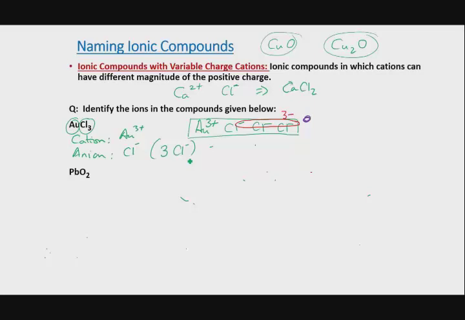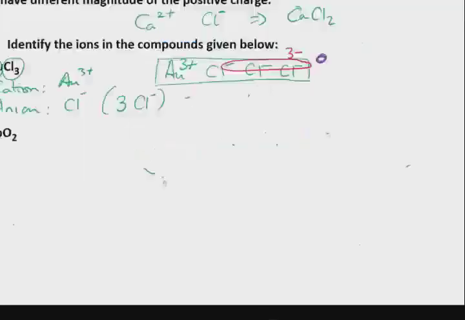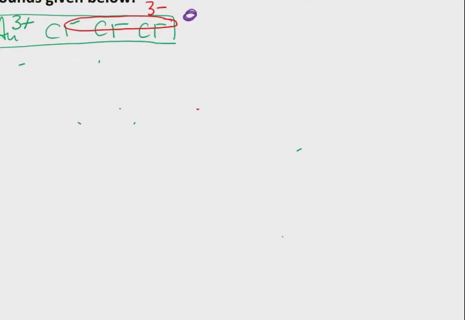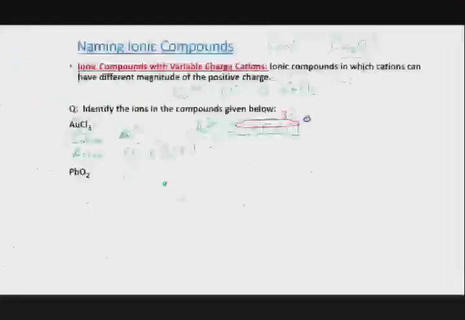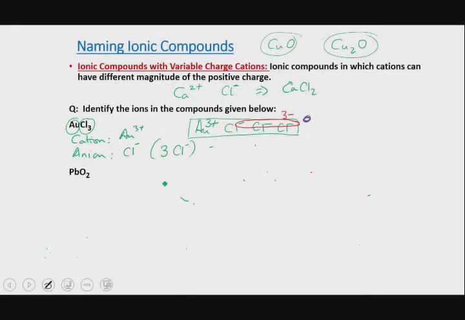Now let's answer the same question for PbO2. Once again, going through the same process, one formula unit of PbO2 has 1 lead ion and 2 oxide ions. Each oxide ion has a charge of 2 minus.